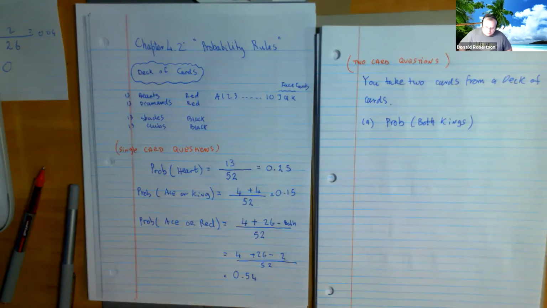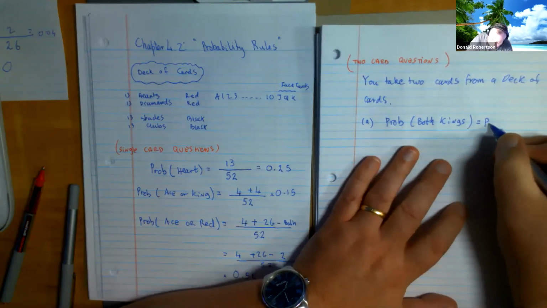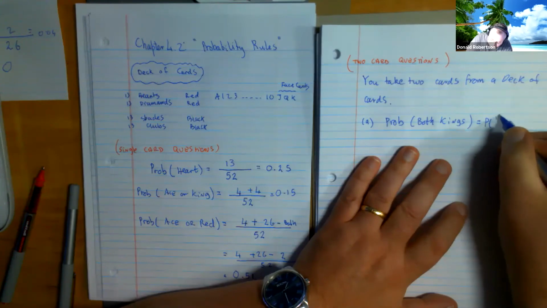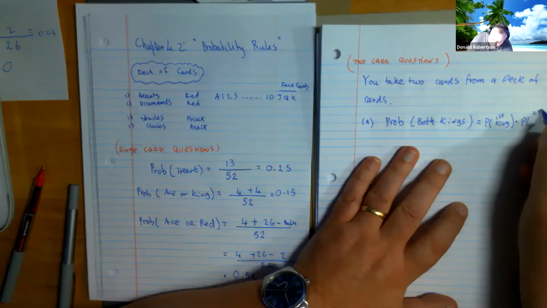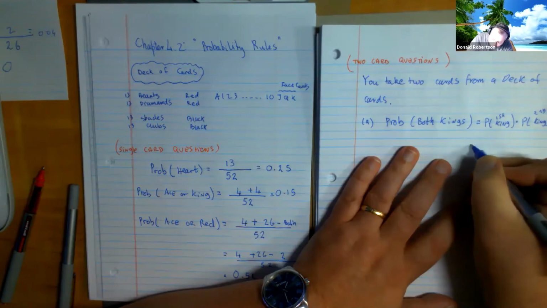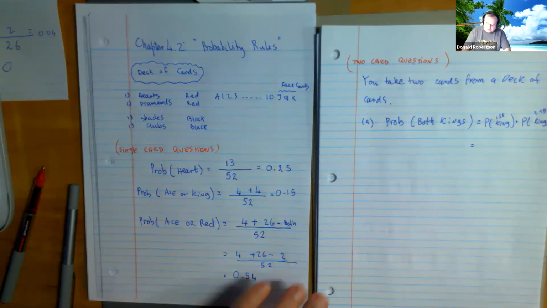Now, when you have a two-card situation, you are going to be multiplying two probabilities together. And the two probabilities you're going to be doing in this question is the probability that the first card is a king multiplied by the probability that the second card is a king. And this is where it gets a little bit subtle.